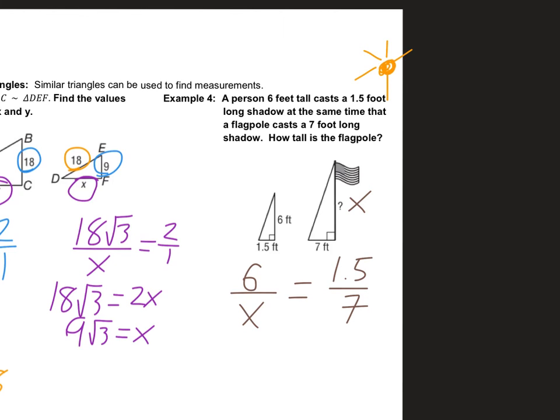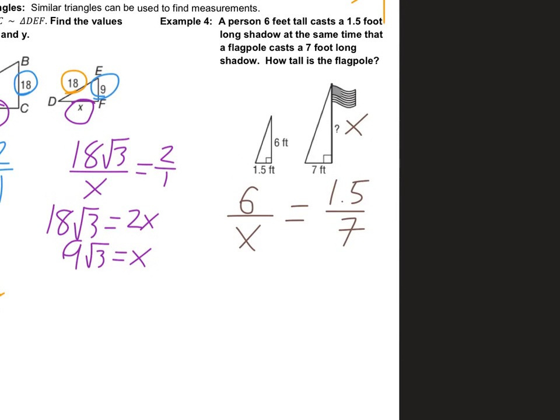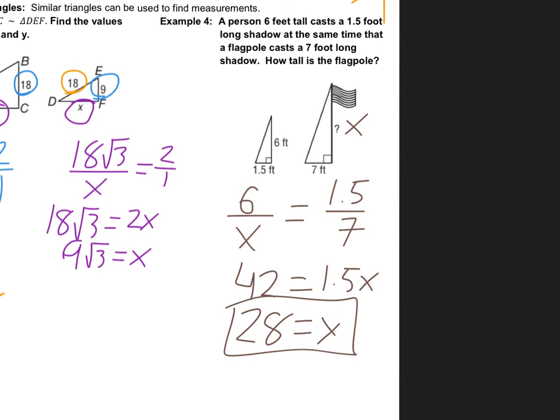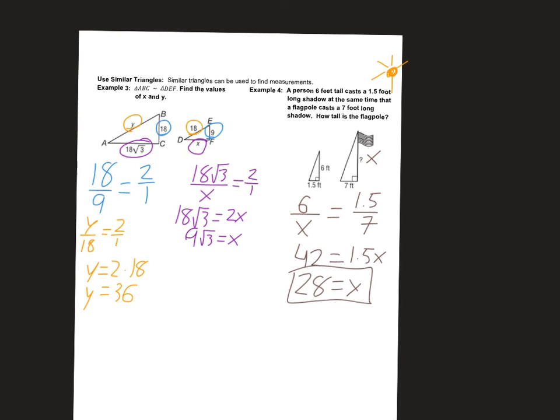Do our cross multiplication, and we end up with 42 is equal to 1.5x. Divide both sides by 1.5. We have 28 is equal to x. So how tall is the flagpole? 28 feet. And that, folks, is the entirety of our similar triangles notes.